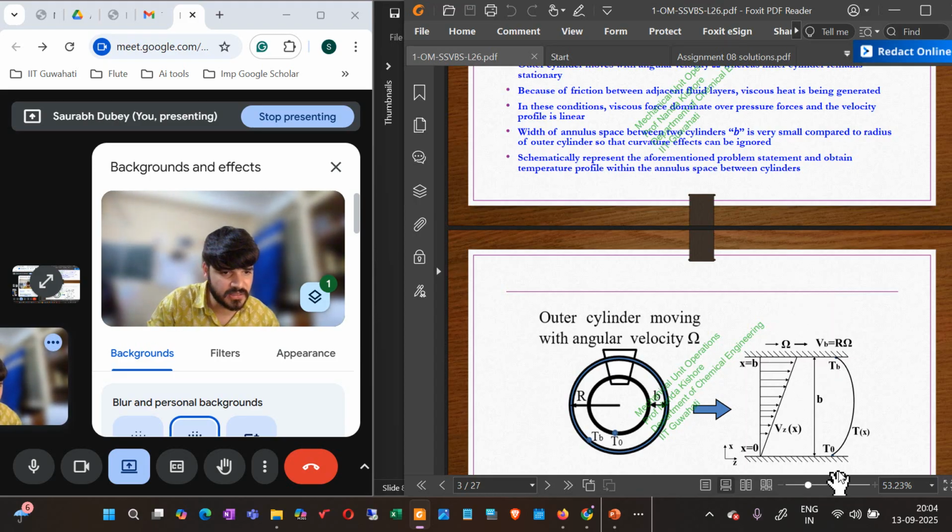So this width B, you are considering to be very small, so that when this gap is very small, the curvature effect of these cylinders can be assumed not to affect the overall rheology of the material, right? Okay, so that's what we will be looking at.